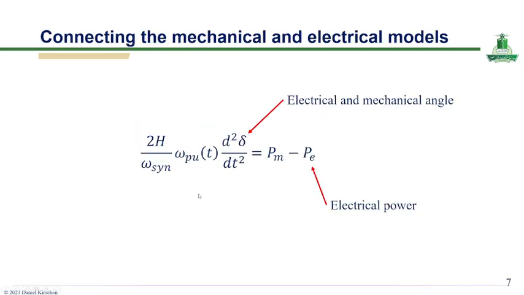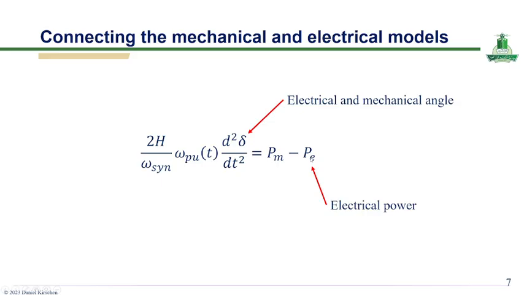This slide shows how the electrical and mechanical models of the generators are connected through the swing equation. The equation relates the rotor angle delta, representing both electrical and mechanical position, to the balance between mechanical input power Pm and the electrical output power PE.